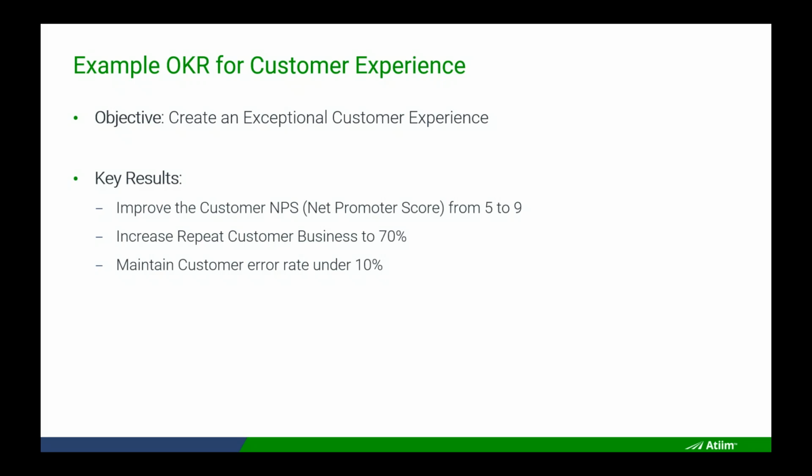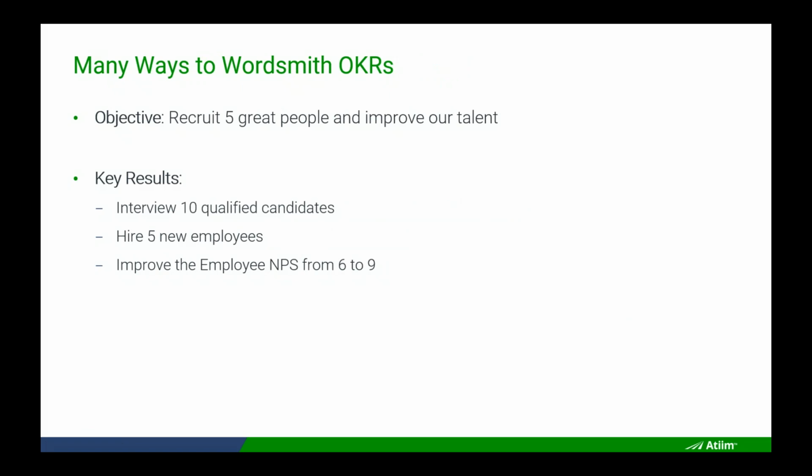But saying create an exceptional customer experience as backed by 3 key results right here is better, right? There are multiple things I can say, the key results we want, that taken together produce this objective, success in our objective of creating an exceptional customer experience. There are many ways to wordsmith and write your OKRs, right? So there's no one way.